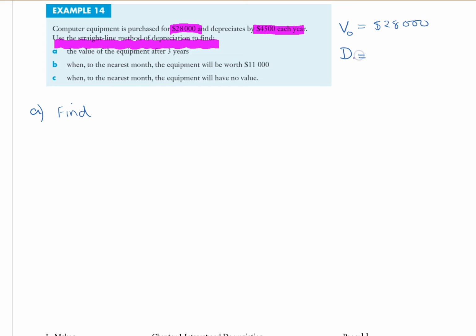Depreciation, our capital D, and that makes nice sense to use that letter, is $4,500. It says we have to use the straight line method of depreciation, so we don't have a choice here. We have to use that equation. And A says find the value, that's find S, when n is 3.